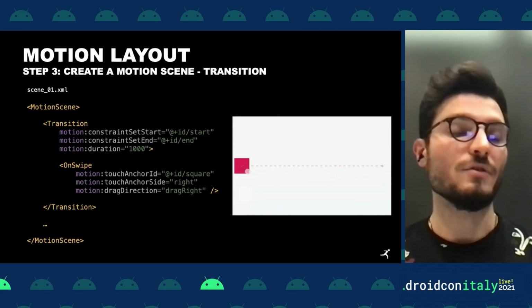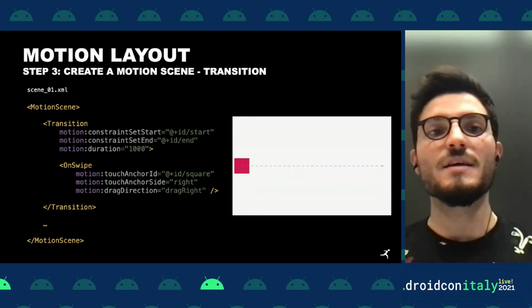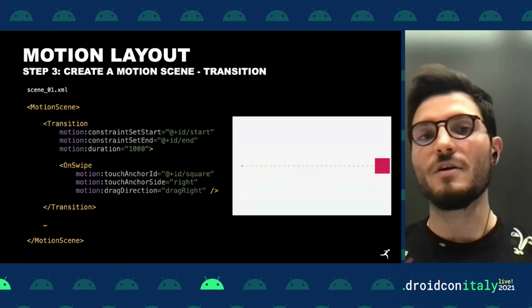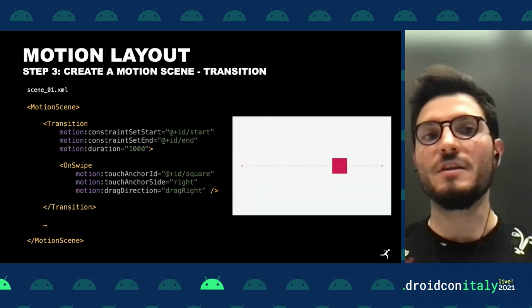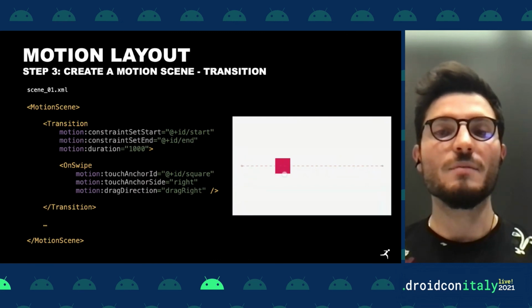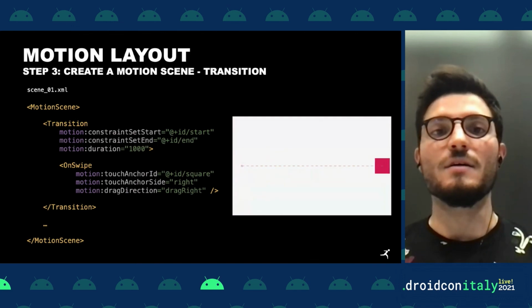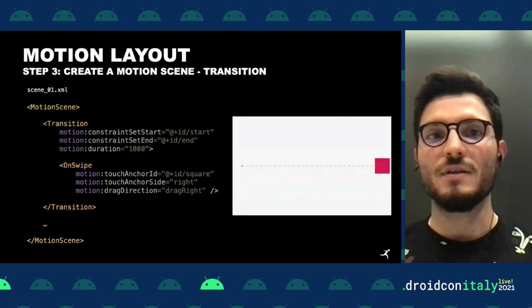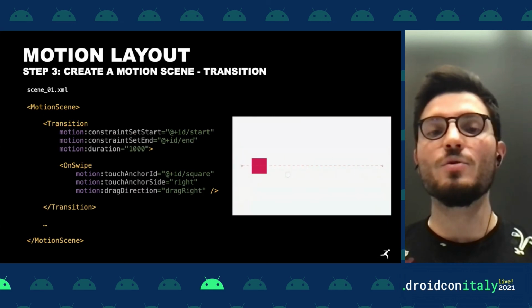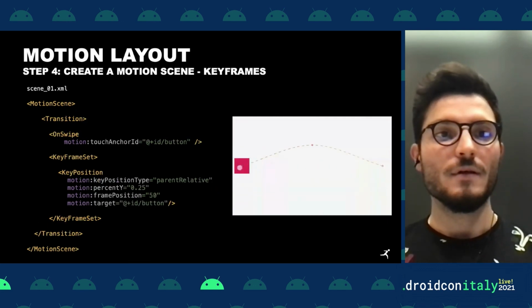For example, the duration of the animation in milliseconds, the touch anchor ID, and the touch anchor side, that are the ID of the view on which you can swipe to trigger the animation, because as we said before, motion layout supports seekable transitions, and a drag direction. That is the direction in which you have to swipe to start the animation. In this case, it is drag right.